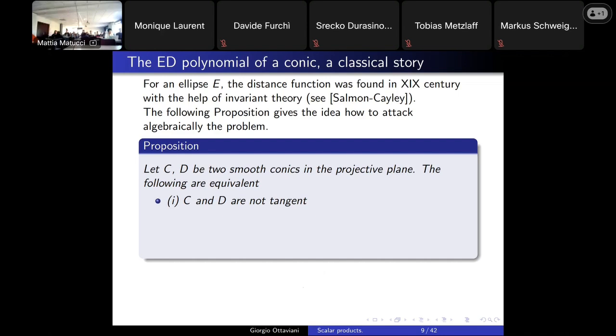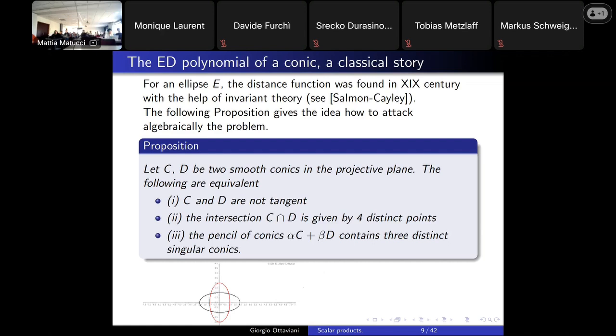Here the intersection is transverse, and here not. You have tangency. And how can you detect this fact? It is equivalent to say that the intersection is given by 4 distinct points, and this is obvious.